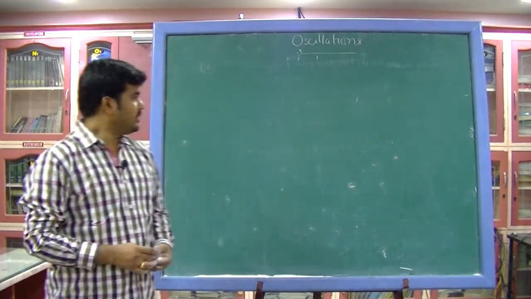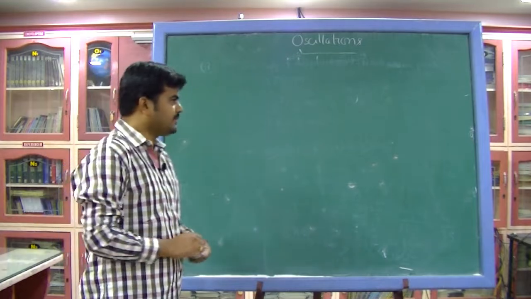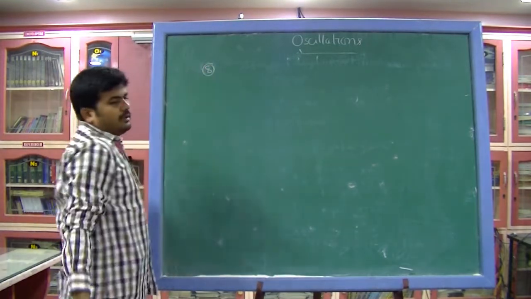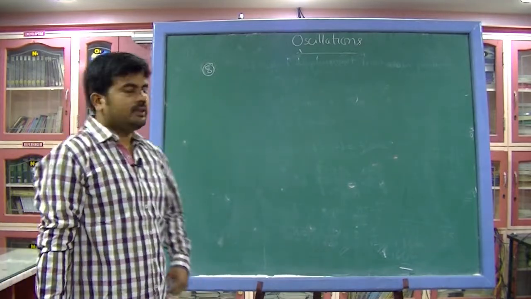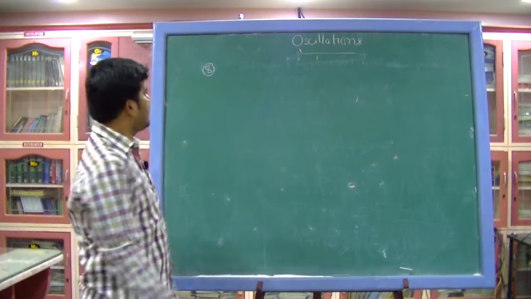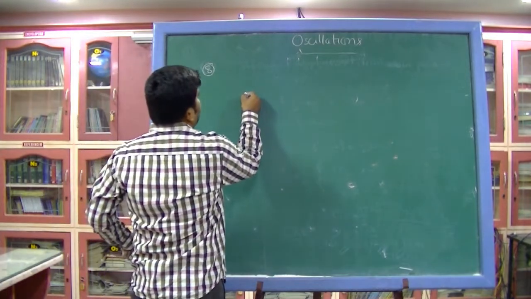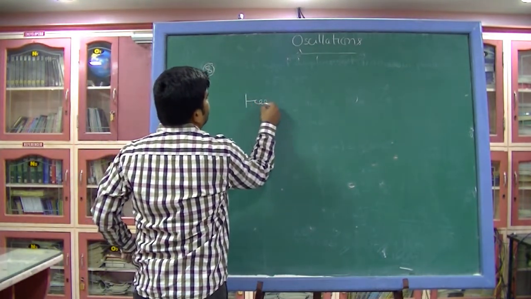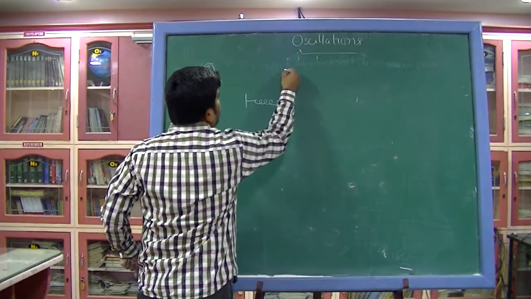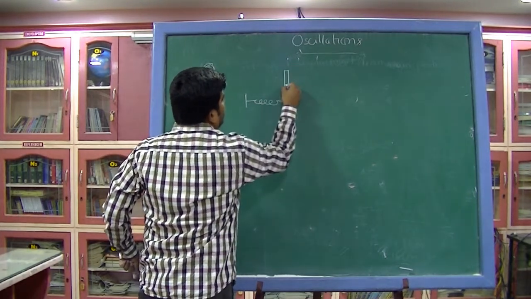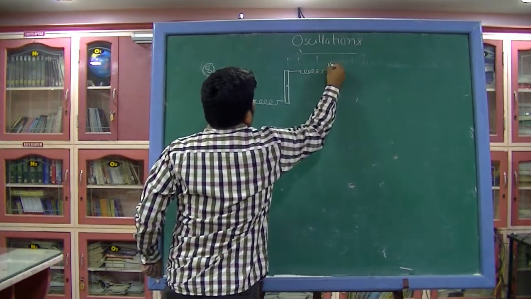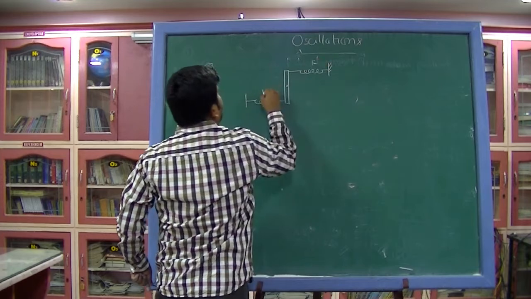Now, let us see another problem, question number 8. So first let me draw the diagram related to the question. Two identical springs, this is the system given.